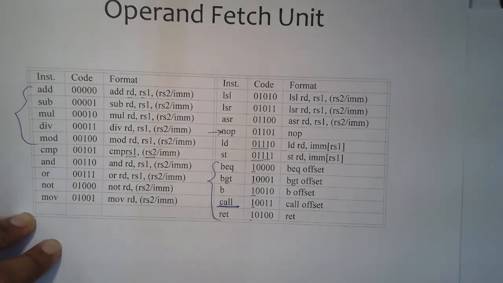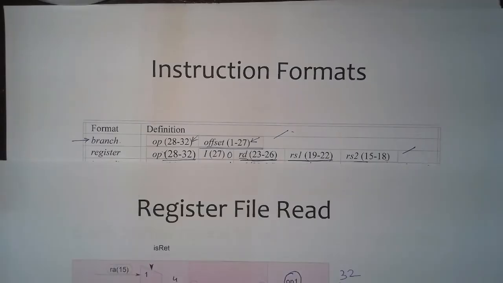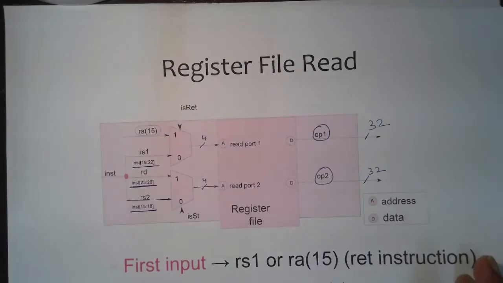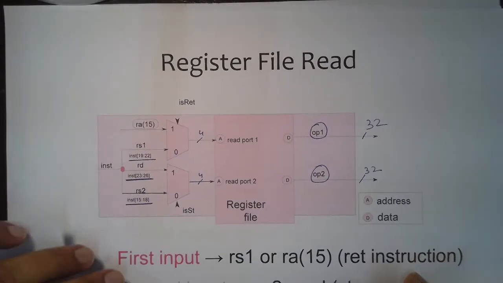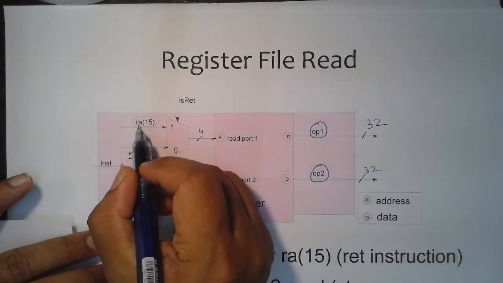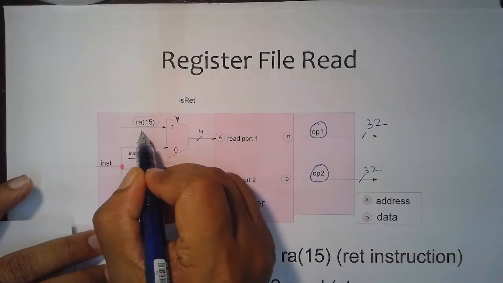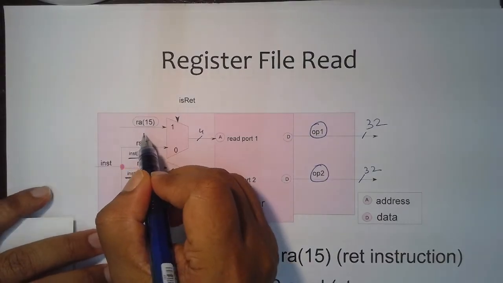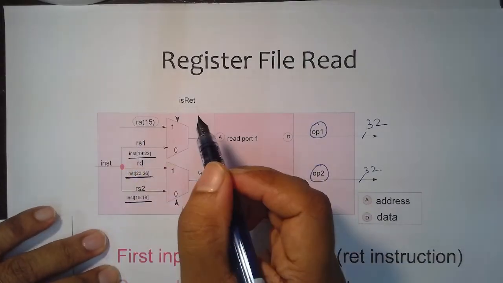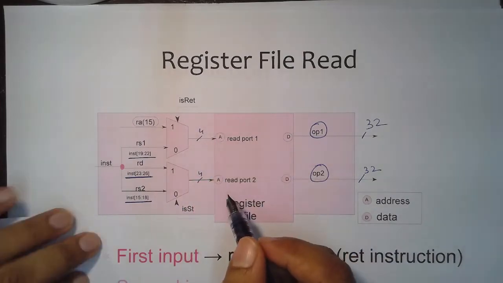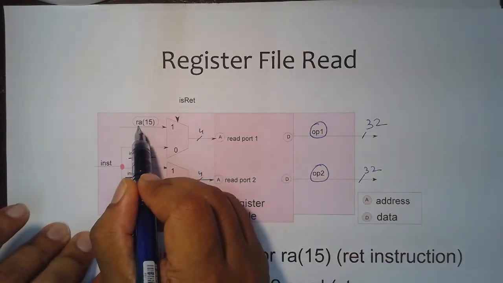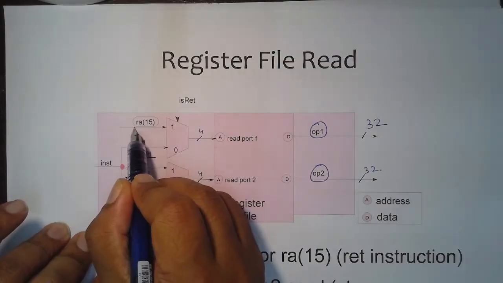The return address needs to be stored in our array register, which is register number 15. It's a special purpose register. So in these cases we need to update this register.